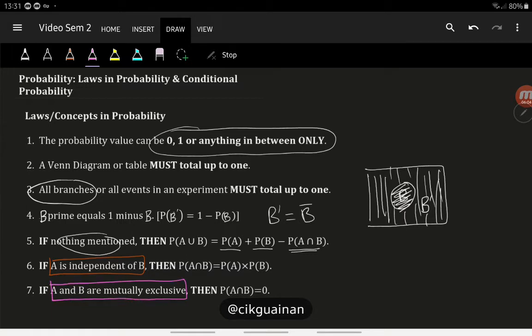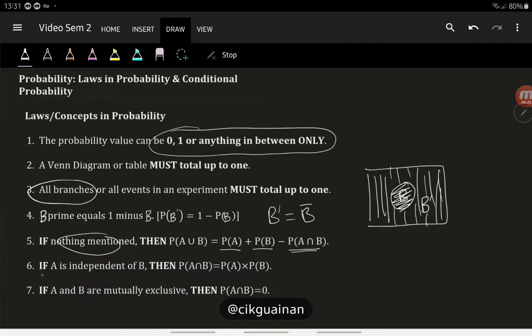If they mention A is independent of B, then we cannot use this one. If they mention A and B are mutually exclusive, we cannot use this one either. We have to adjust them, because we continue with the next two.